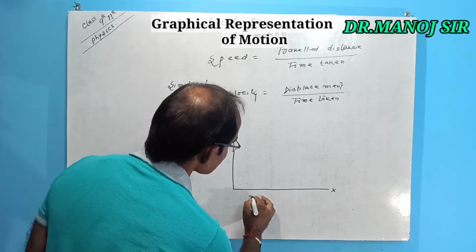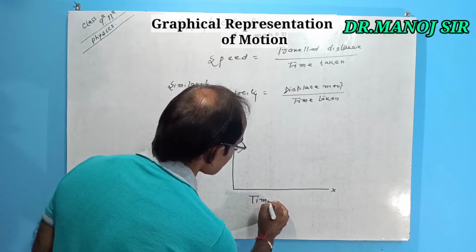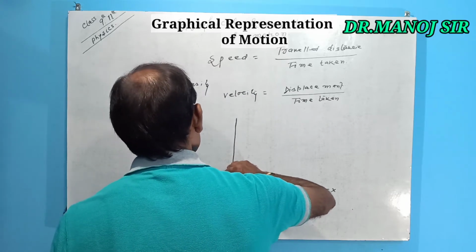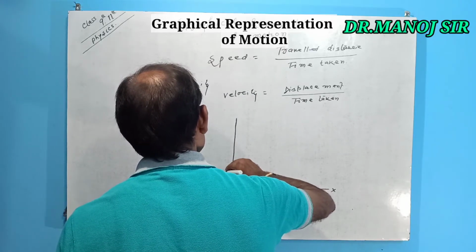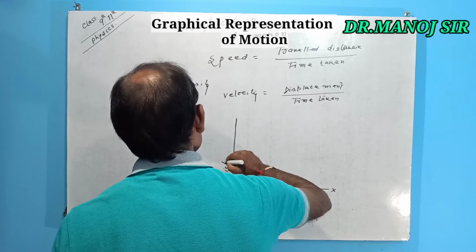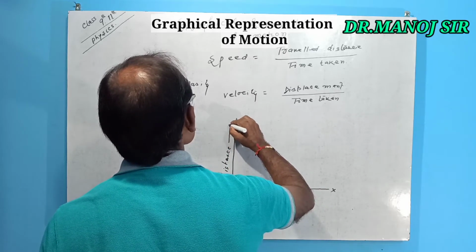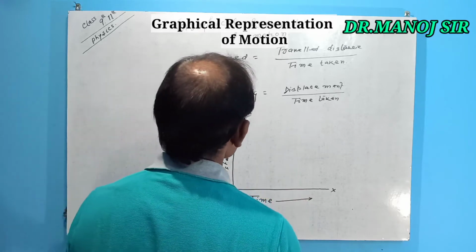Time period is taken on the x-axis whereas distance is taken on the y-axis.